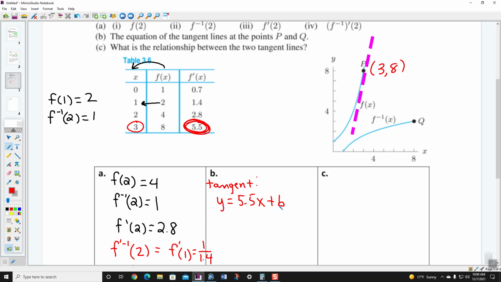Okay? Roll with me on this. What are you plugging in for y? 8 equals 5.5 times x, which the x value said was 3, plus b. Kids, this becomes 8 is equal to 16.5 plus b. What do you guys get for your b value there?